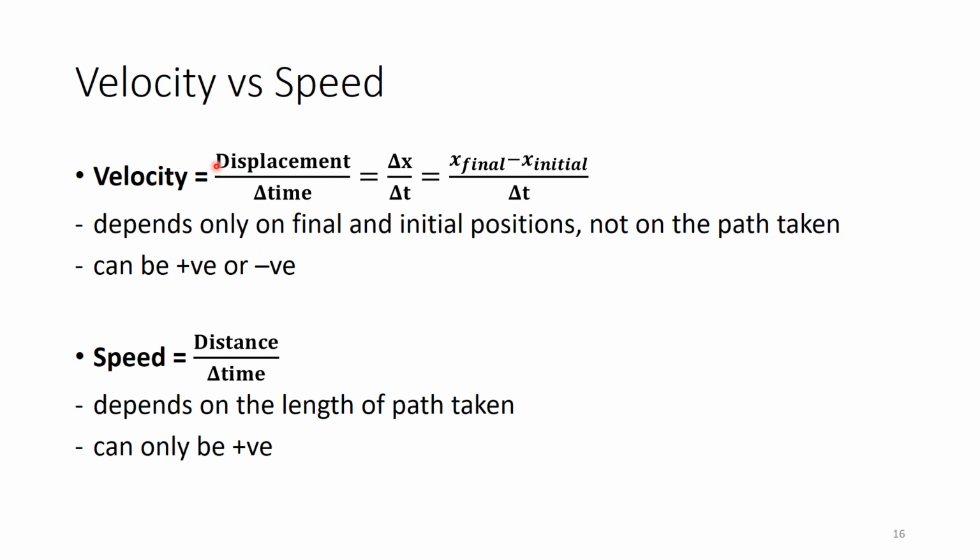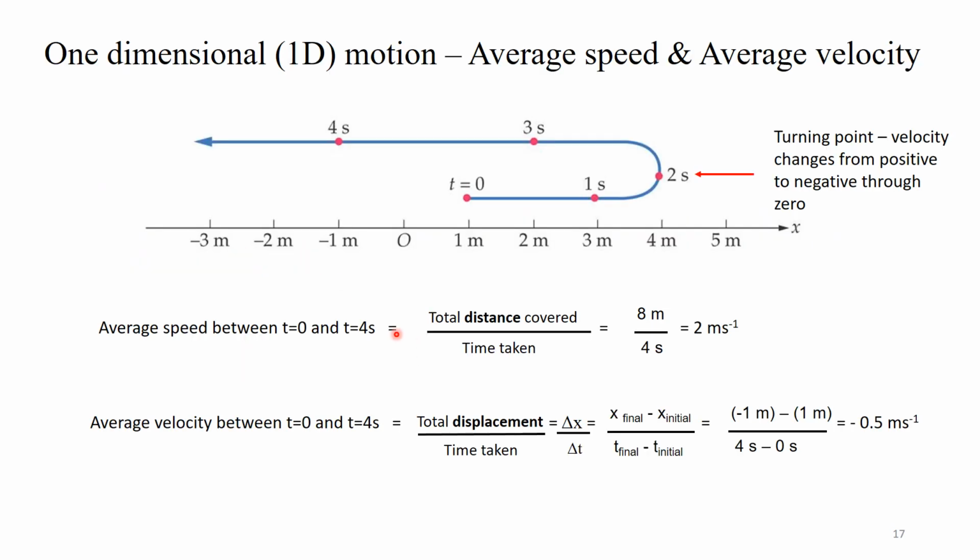To find velocity, you divide the displacement over time. And we already know what the displacement is from previous slides. You just subtract the final and the initial. But to find the speed, you take into account the distance, which takes into account the length of the path taken. Okay, and speed can only be positive, velocity can be positive or negative. So velocity has direction involved in it, which is what the positive and negative signs tell you.